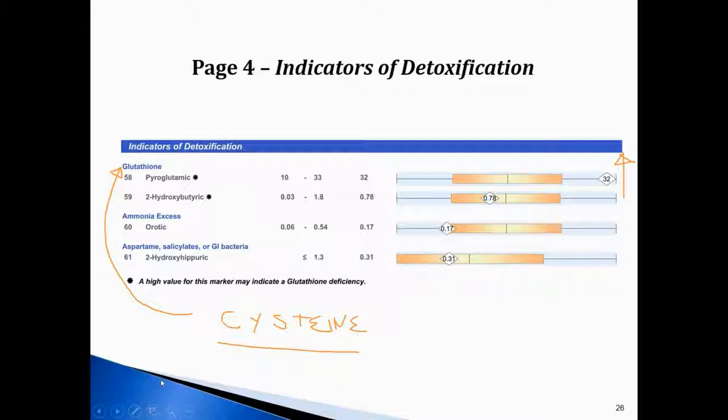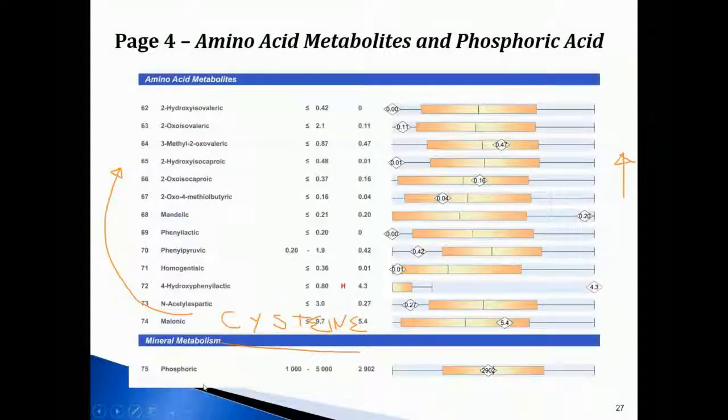All right, so that is really an overview on how to review an organic acid test. What you want to try and avoid, and this is one of the things that I teach a lot in the organic acid test seminar that we do, is to look at the big picture.